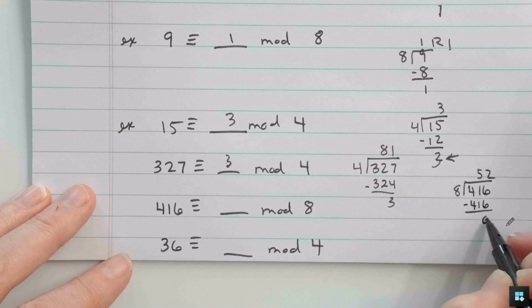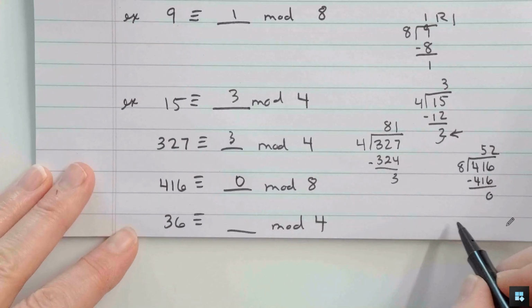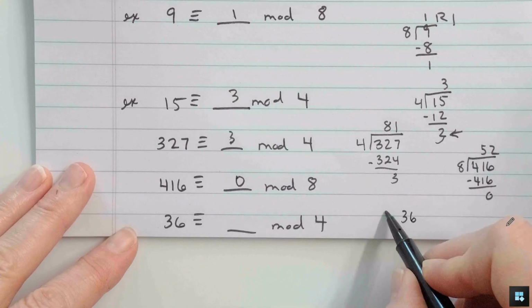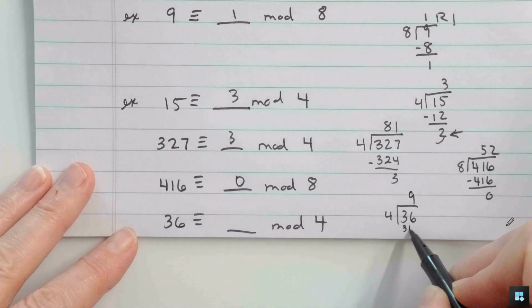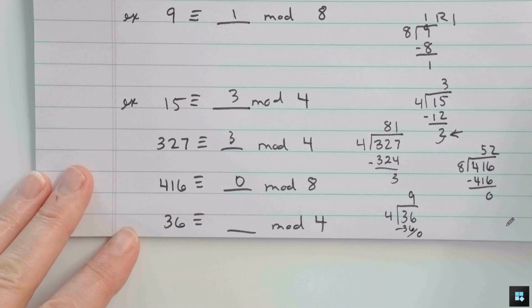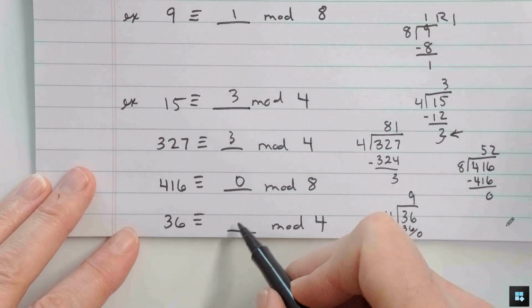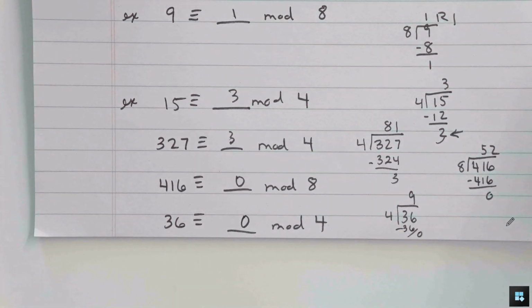No remainder, so 0. And 36 divided by 4, 9. Good. Yeah, I thought I had mod 8 up there, so I kept wondering why everybody was getting 0, but it's because I had a 4 and not an 8. So it's just your remainder.